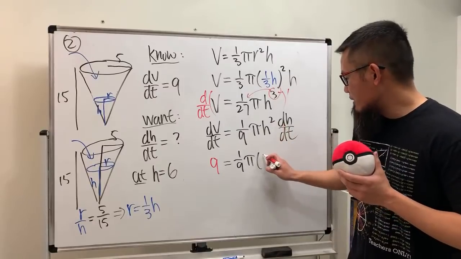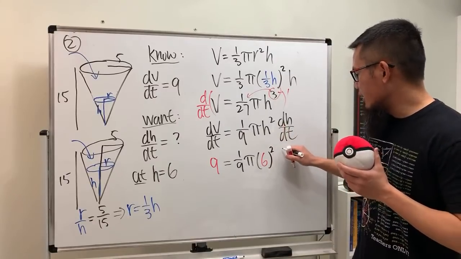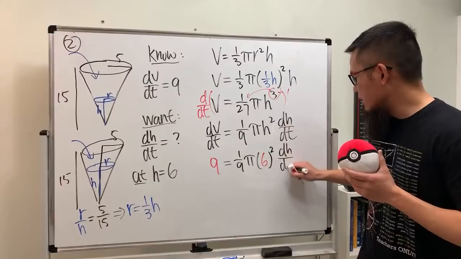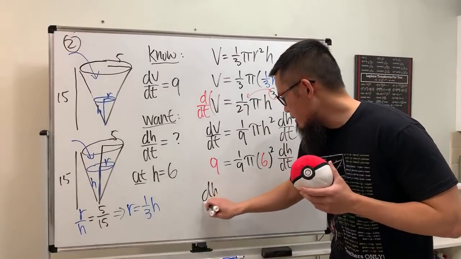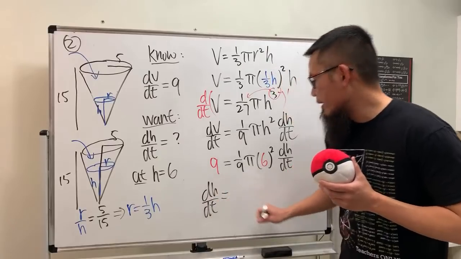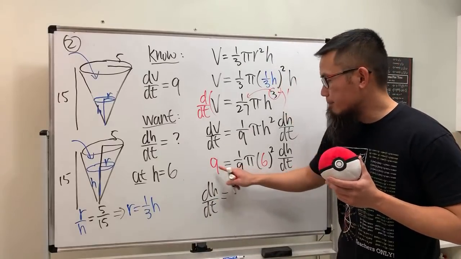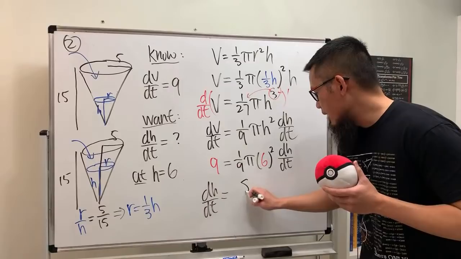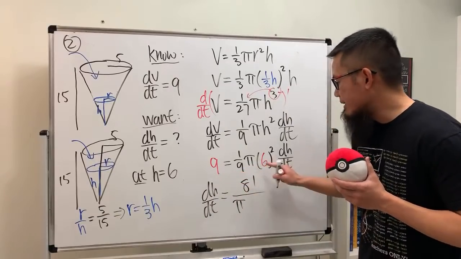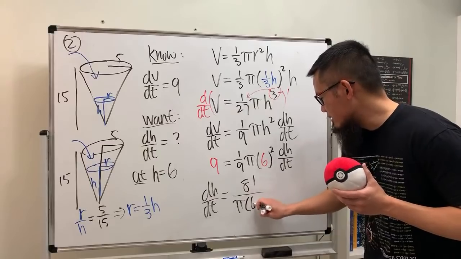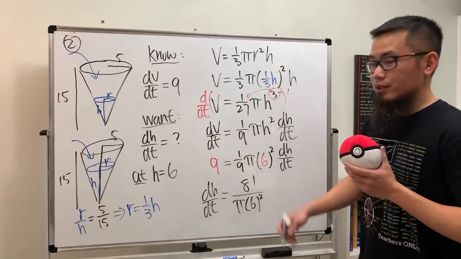So h is 6, and you square that, and then you have the dh/dt. All right, ladies and gentlemen, dh/dt is equal to, I'm going to multiply 9 on both sides, so it becomes 81. And I'm going to divide by pi, and then divide by 36. So I'm going to write it as 6 squared, yeah. All right, so all that.